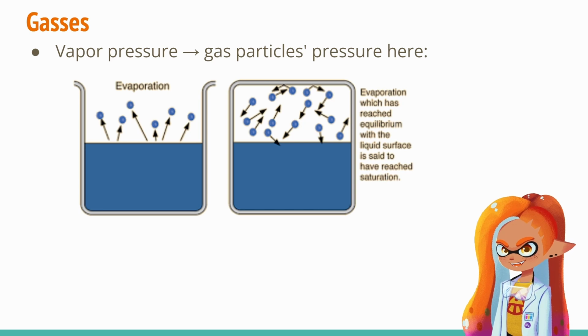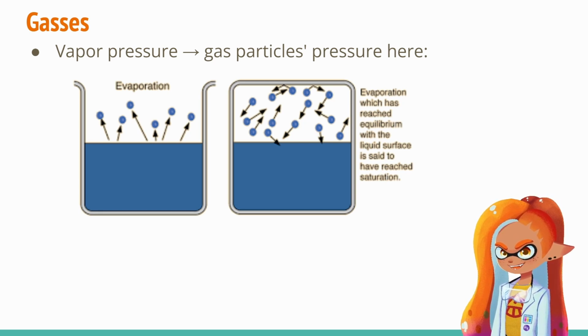For now, you need to know that the rate at which the liquid is changing to gas and the rate at which the gas is changing back to a liquid are the same. So even though the threshold has been reached, they're still going to continually change from liquid to gas and gas to liquid, but the amount of gas particles that exist stays constant.